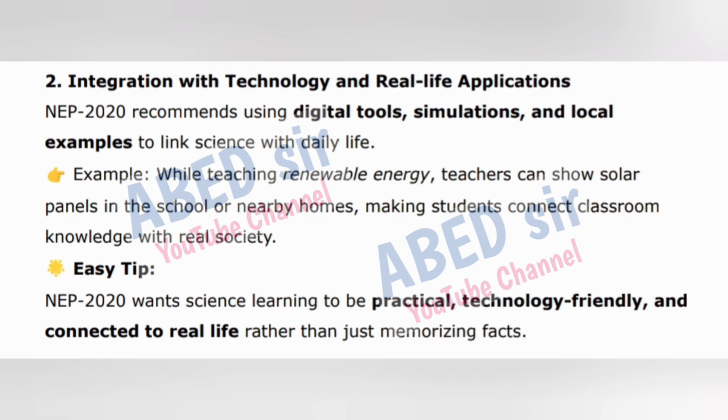Example: while teaching renewable energy, teachers can show solar panels in the school or nearby homes, making students connect classroom knowledge with real society. Easy tip. NEP 2020 wants science learning to be practical, technology-friendly, and connected to real life rather than just memorizing facts.